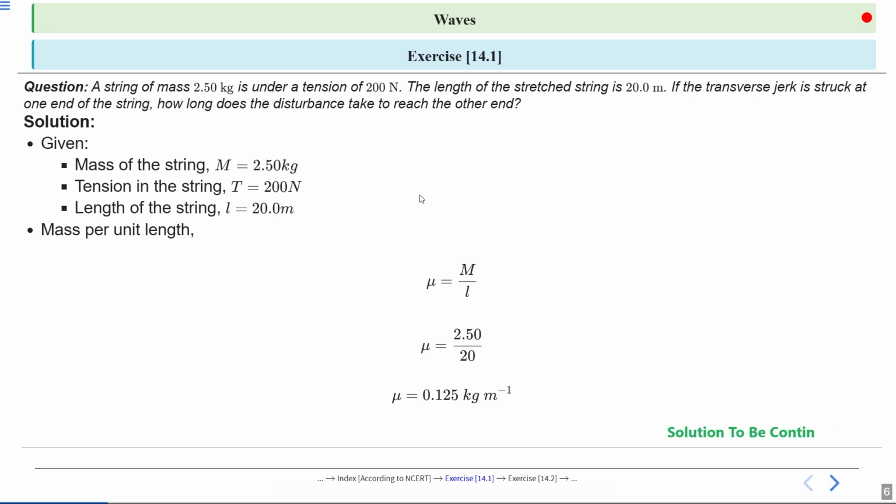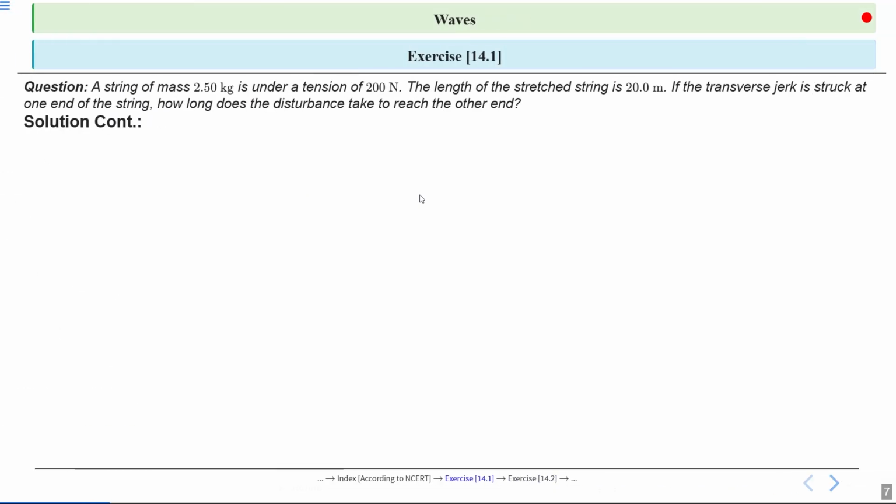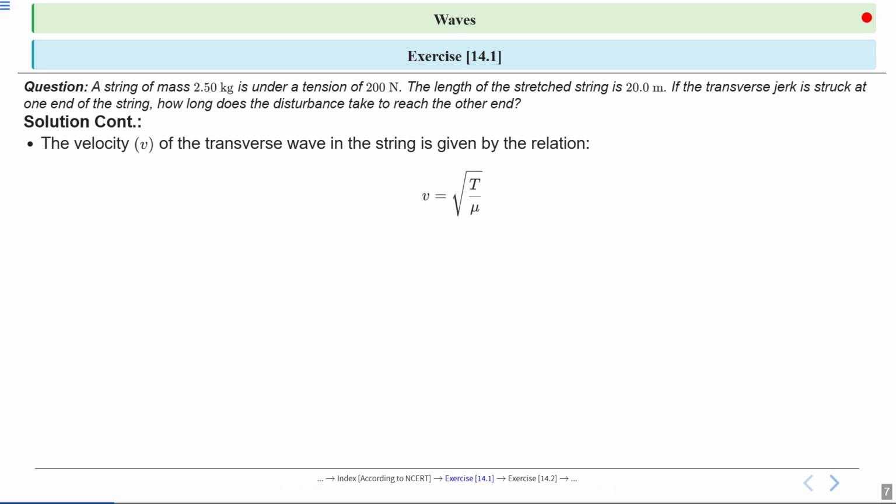Now the velocity v of the transverse wave in this string is given by the relation v equal to under root T by mu. So just put the values of tension and mu. It will be under root 200 divided by 0.125.